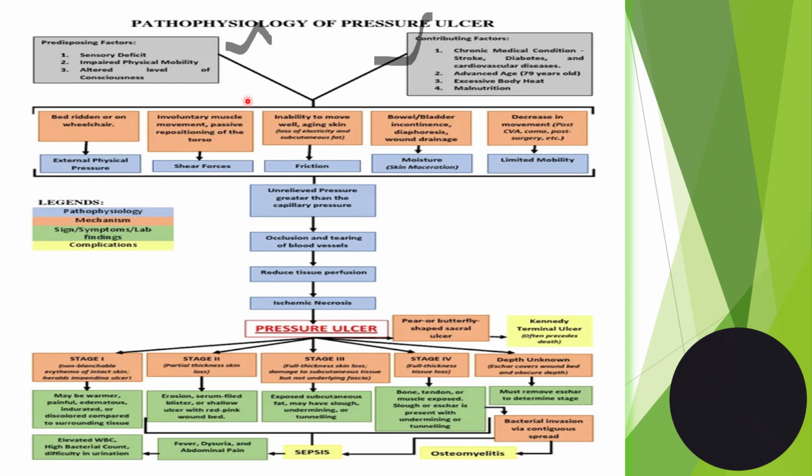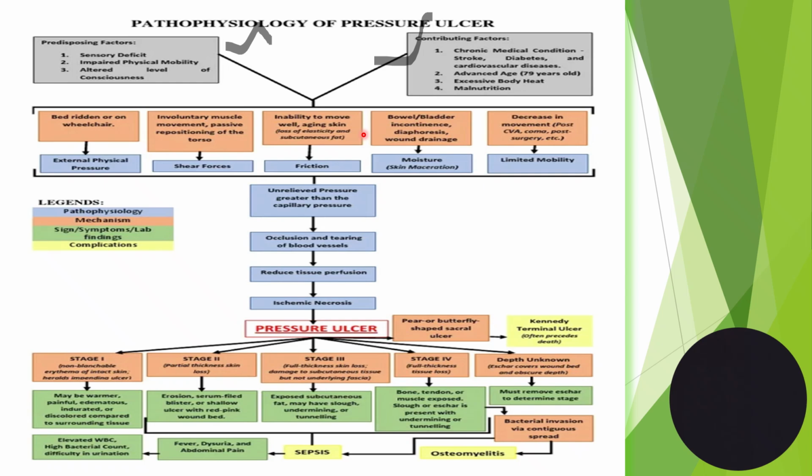Then passive repositioning of the torso: passive means they cannot move actively by themselves. They need help to turn from the bed. Then inability to move well, or aging skin, a loss of sensitivity. This is mainly in bedridden or aging patients, so the density of the skin is very low.